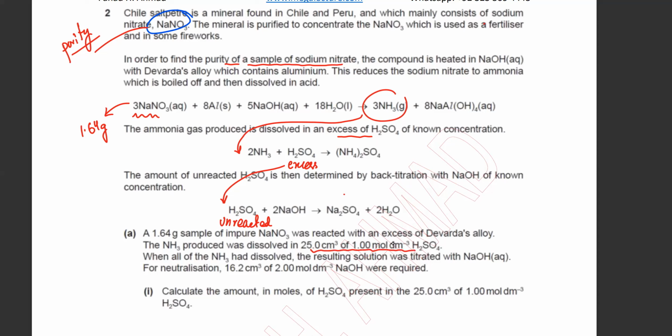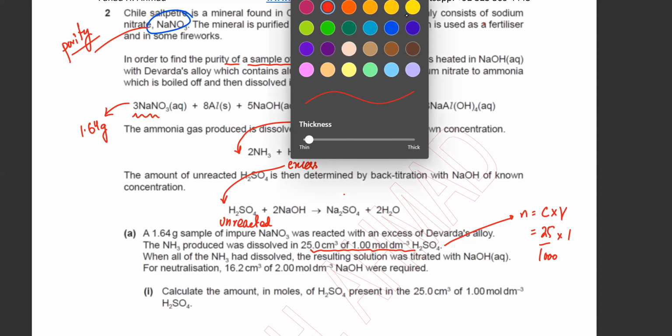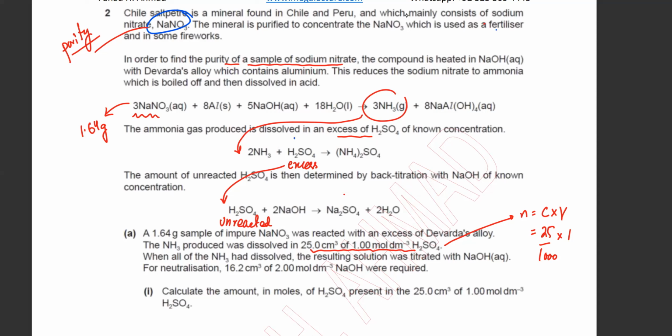If you do concentration times volume, how many moles is that? 25 divided by 1000 into 1. So you're getting 0.025 moles of this.